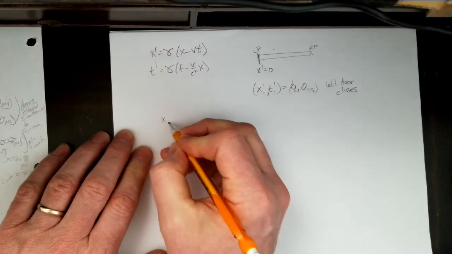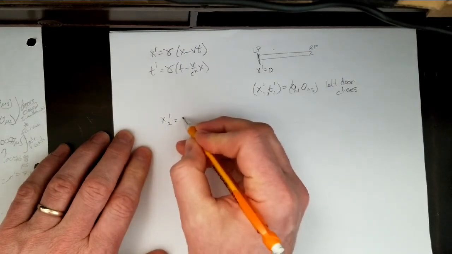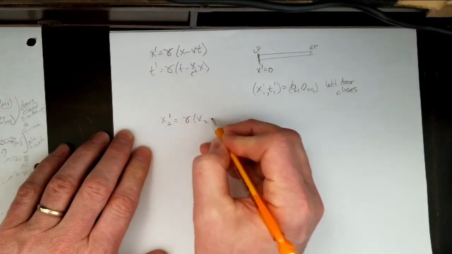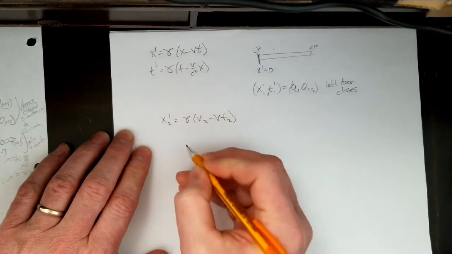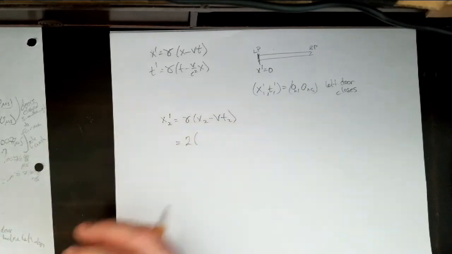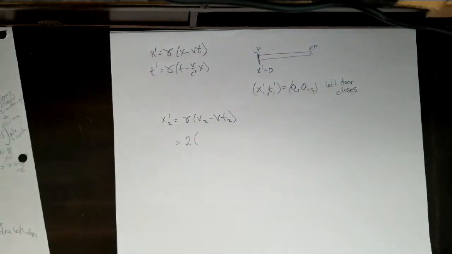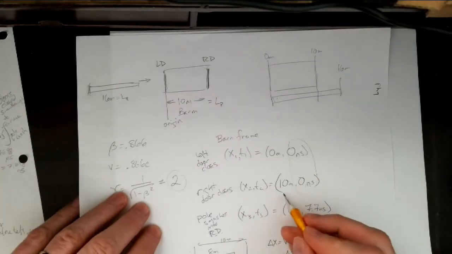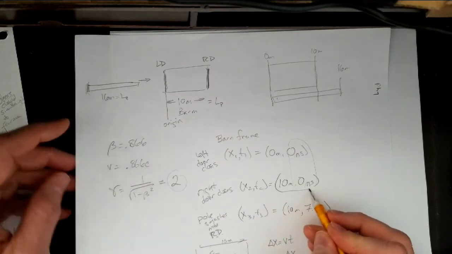So x2 prime is going to be equal to gamma times (x2 minus vt2), which is 2 times that. So if we flash back over to here, there's x2, my t2.